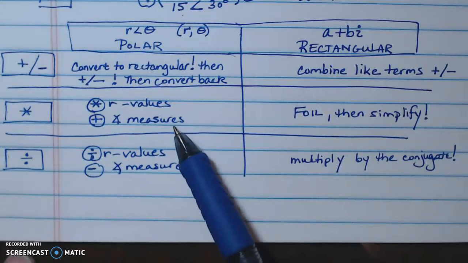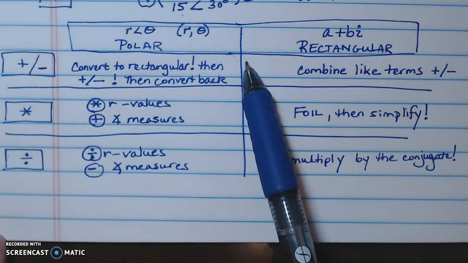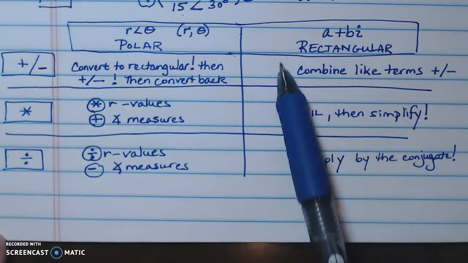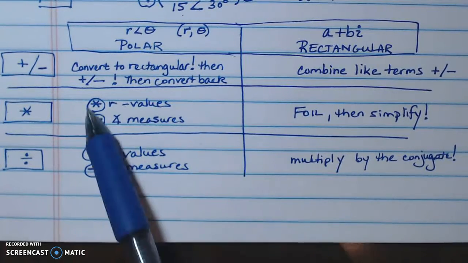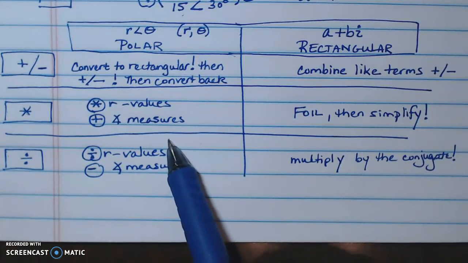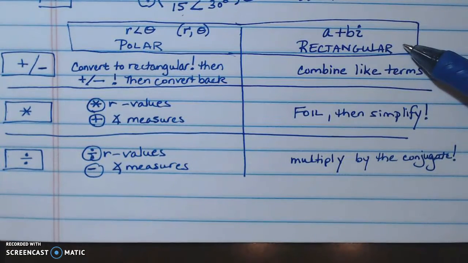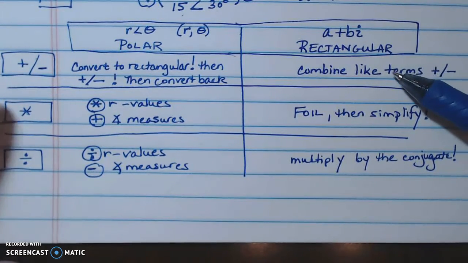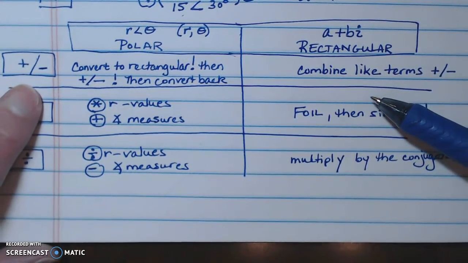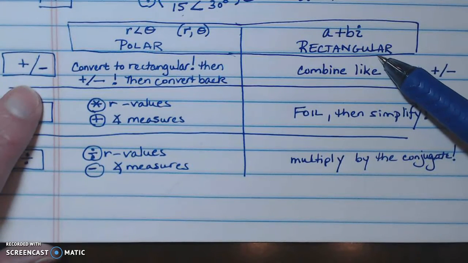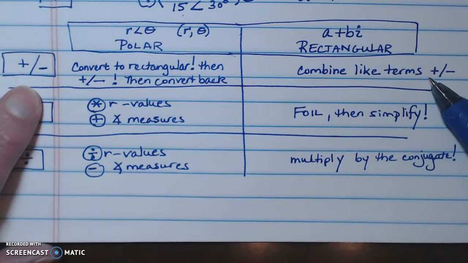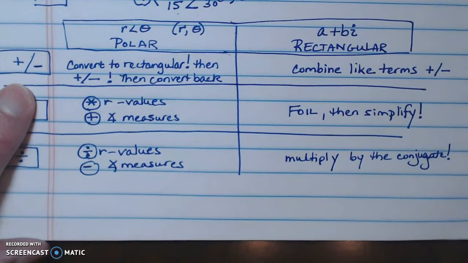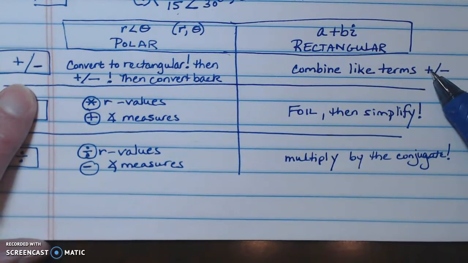So here we go. Here's my attempt at a chart to summarize the first part of the chapter for complex number operations, and then the second part of the chapter involving polar form of a complex number. For rectangular form, if you were adding or subtracting two complex numbers in rectangular form, you could just combine the like terms using addition or subtraction depending on what the operation was.